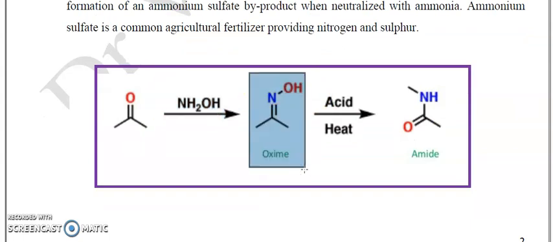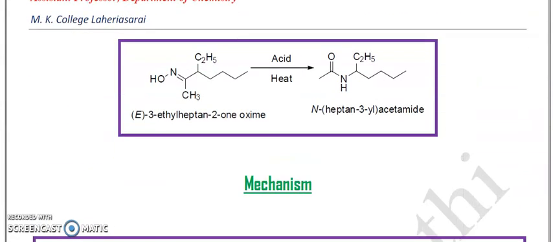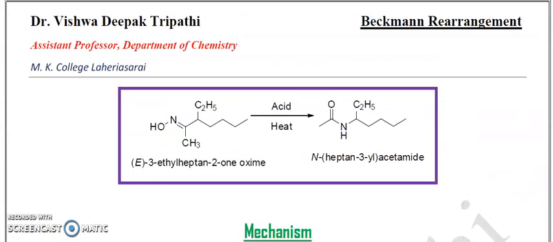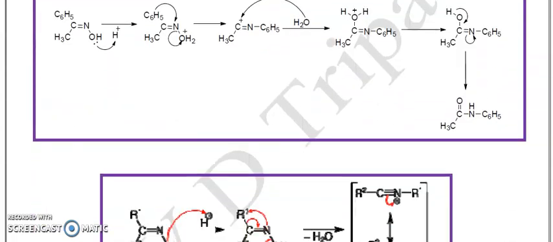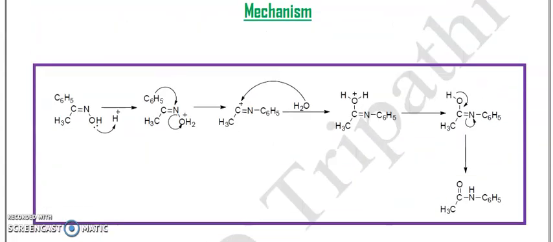And if we heat this oxime in the presence of acid, we can have an amide, and this is the Beckmann rearrangement reaction. As you can see here, we have the oxime in the reactant. You see here NOH, and this NOH after heating with acid converts into amide. We will see how this reaction works and what the mechanism of this reaction is.